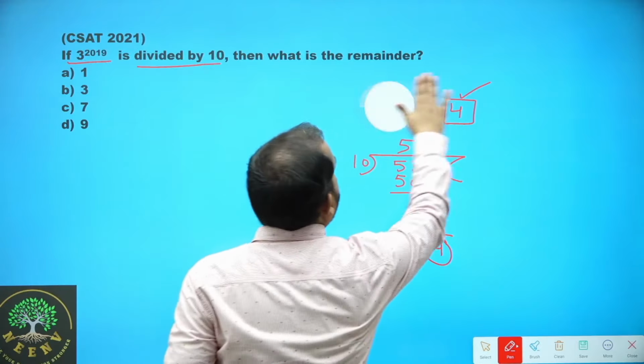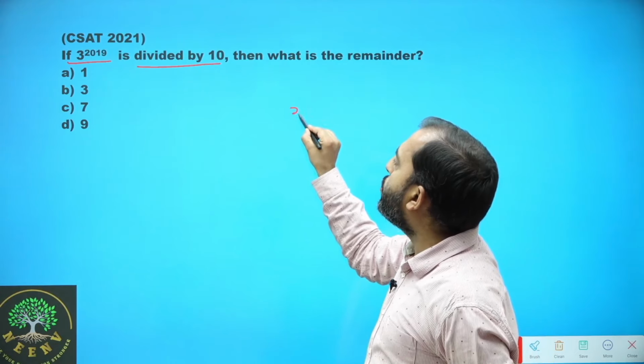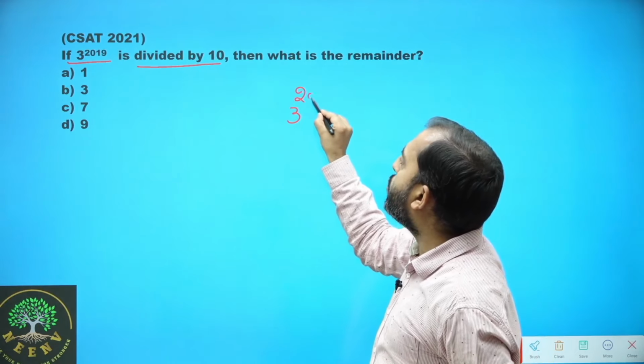So basically in this question, the examiner is looking for the unit digit of 3 power 2019.